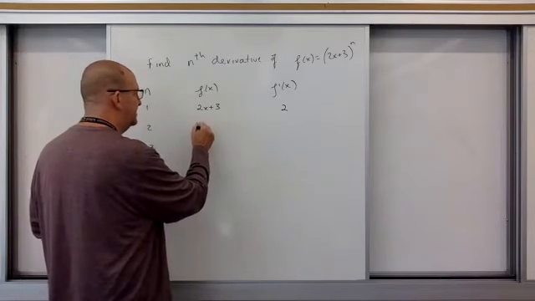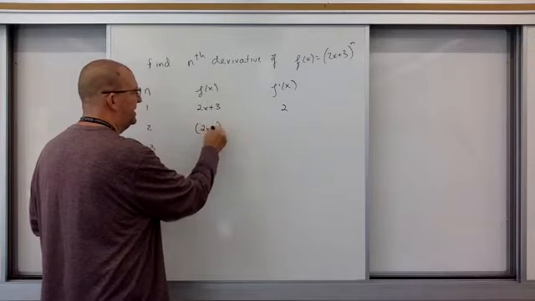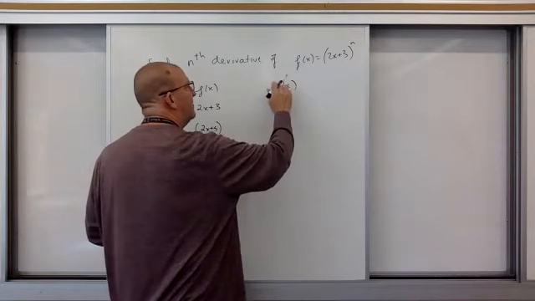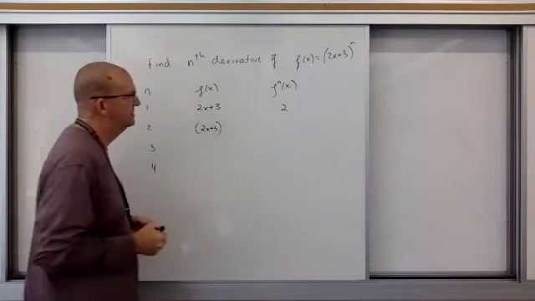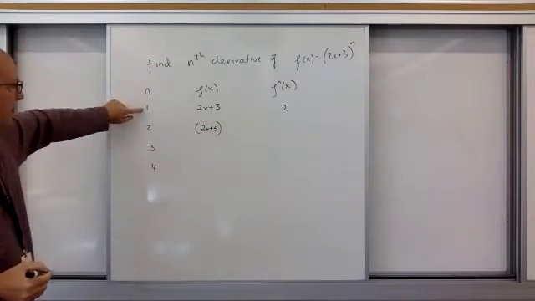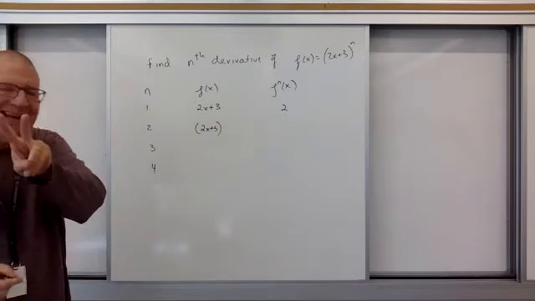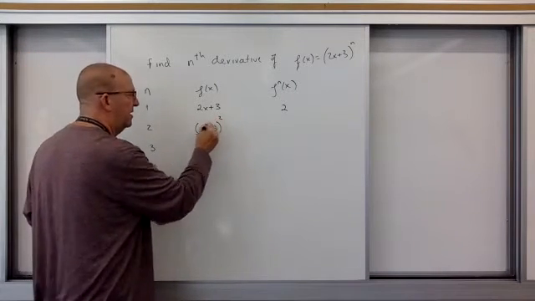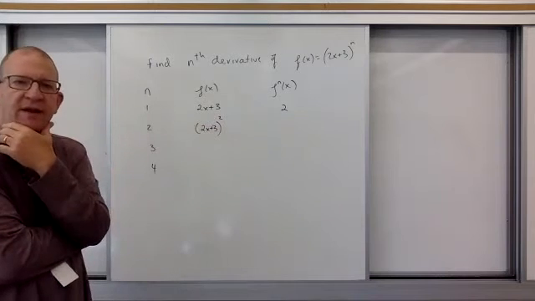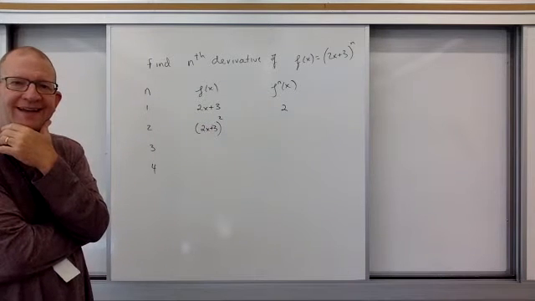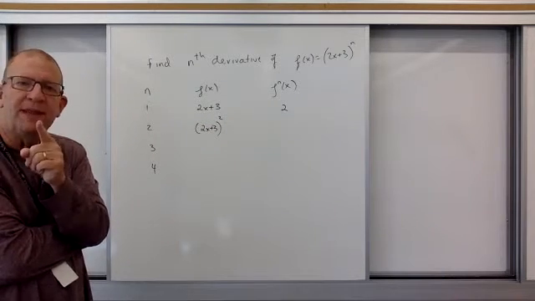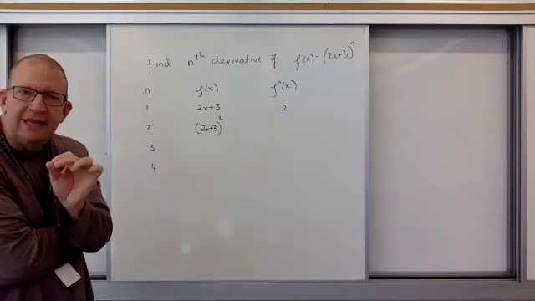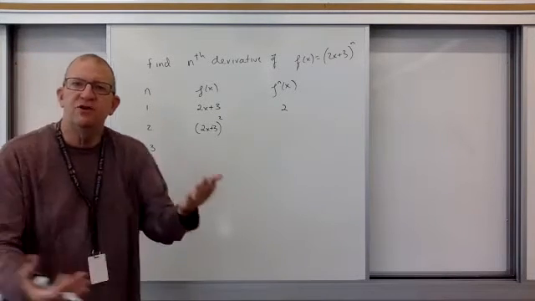So this becomes (2x plus 3) squared. And actually, this shouldn't be f prime of x. This should be f to the n of x. So now I'm looking for the second derivative of (2x plus 3) squared. I'm going to repeat that. The second derivative of (2x plus 3) squared.